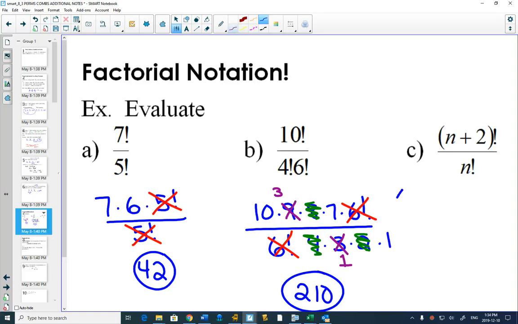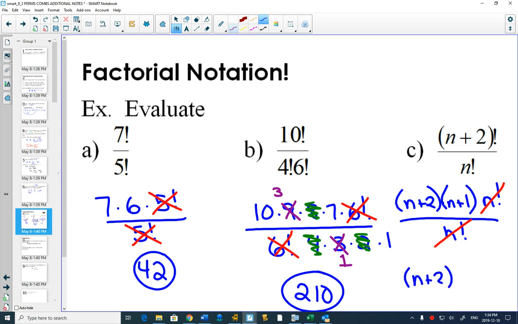So if I start expanding, I would write n plus 2 multiplied by, and then when we expand, we always write 1 less. What's 1 less than n plus 2? N plus 1. What's 1 less than n plus 1? N. And once we get to n, we're like, oh, that's what's on the bottom. And those will simplify. So we're left with our simplified expression as just n plus 2 times n plus 1.